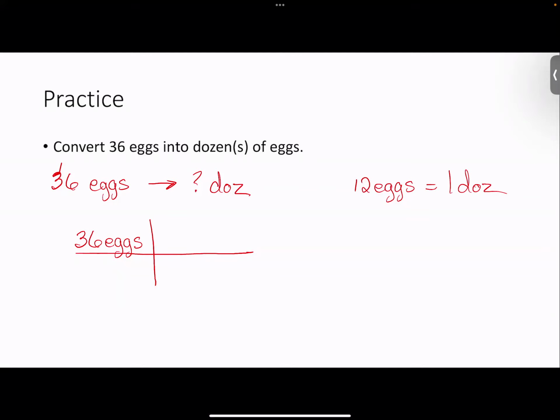So what you did in your head is you divided by 12 eggs to get to the dozen. And you divided by 12 eggs because you knew the eggs needed to cancel out.